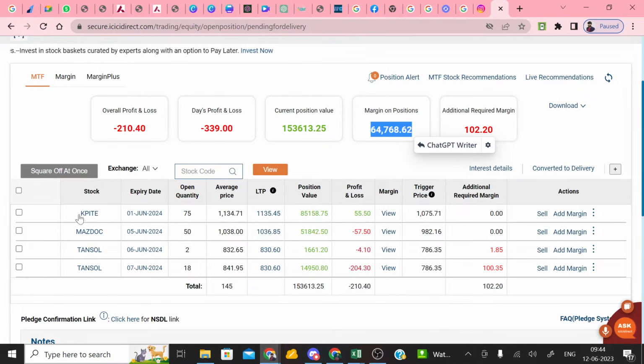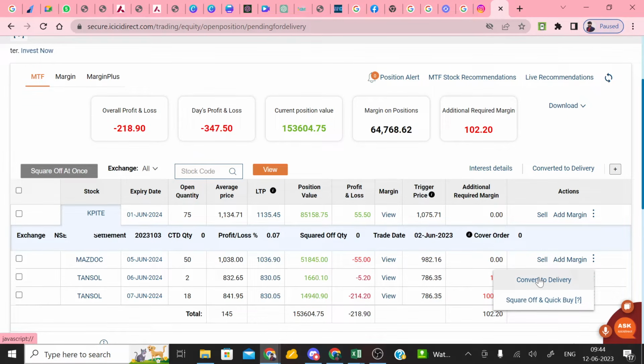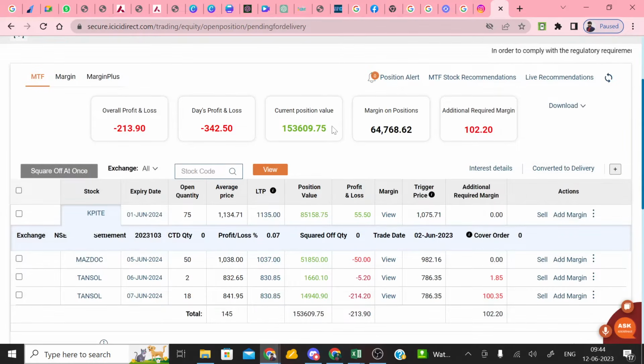Why are you not holding, sir? If I want to hold the securities, I'll have to convert them into delivery. And if I want to convert that into delivery, let's say I purchased 50 quantities, it will ask for funds, and I don't have the funds.